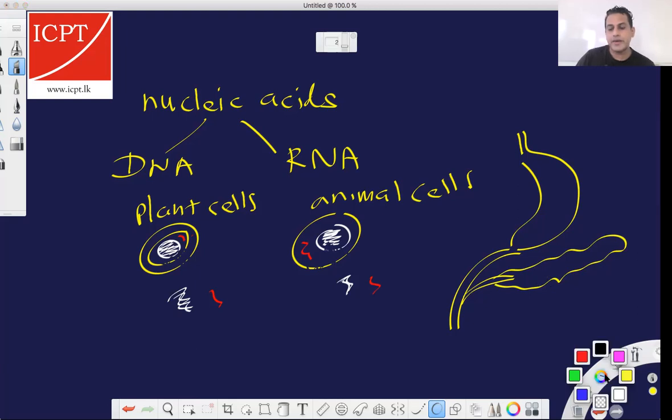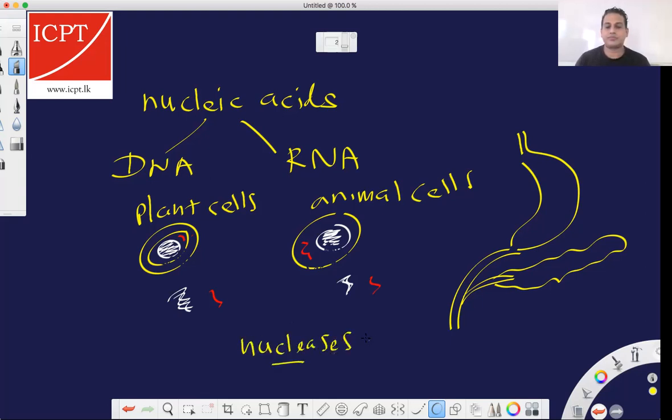Right, now the pancreas secretes enzymes, many enzymes. But we are interested in a kind of enzyme called nucleases. So the pancreas secretes these nucleases.